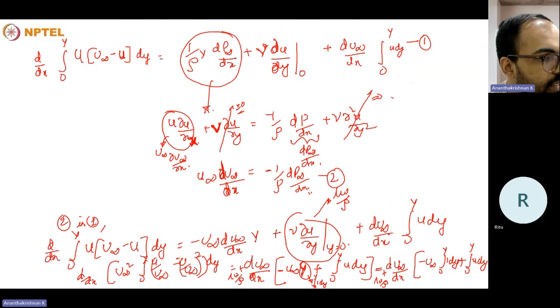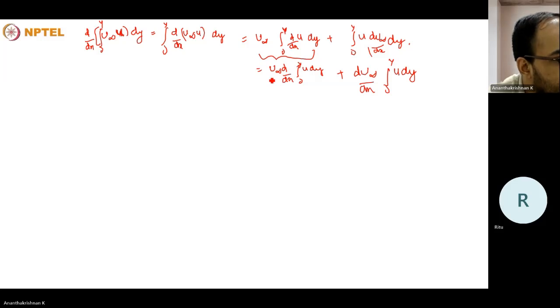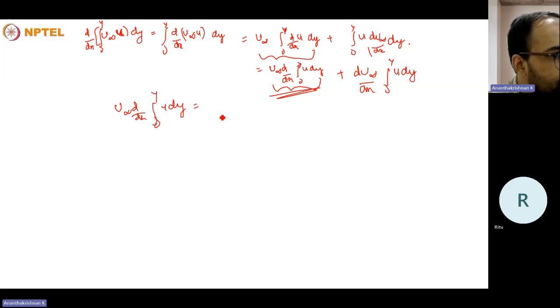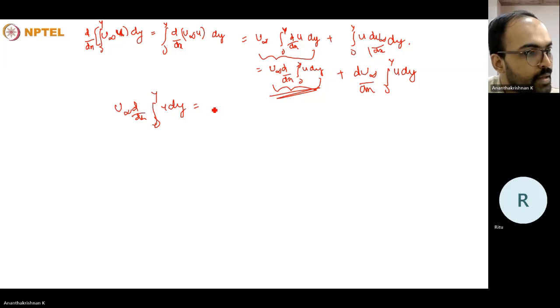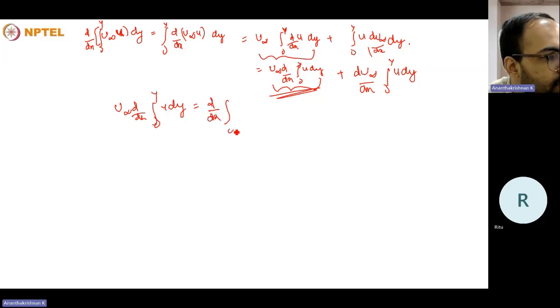So u infinity d by dx of the integral from 0 to y of u dy can be substituted as d by dx of the integral of 0 to y u infinity u dy.